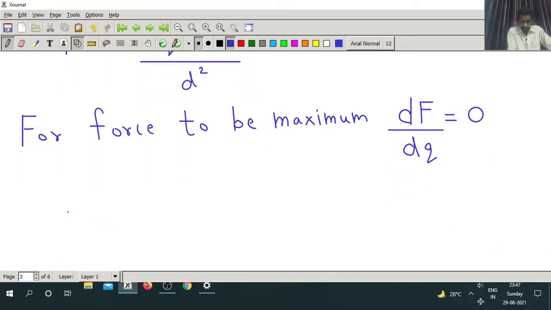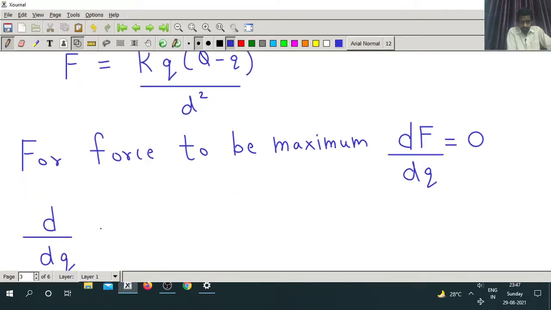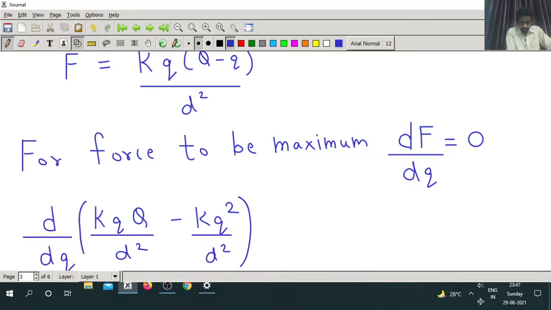So when we differentiate, this is d by dq of the force, and the force is k into small q into capital Q upon d square minus k into small q square upon d square, and we differentiate this with respect to small q and that will be equal to 0.